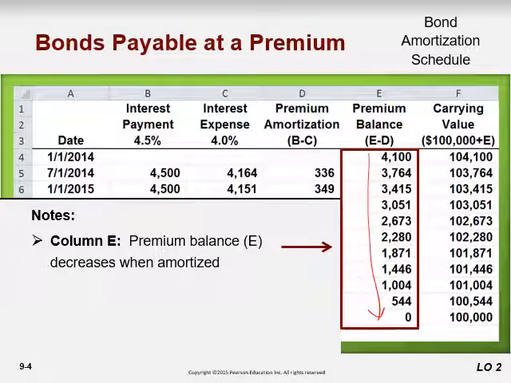We retire our premium to zero, so that this amount will become the face value at the end of maturity. In the case of a discount, it is added here so that it becomes equal to the face value.